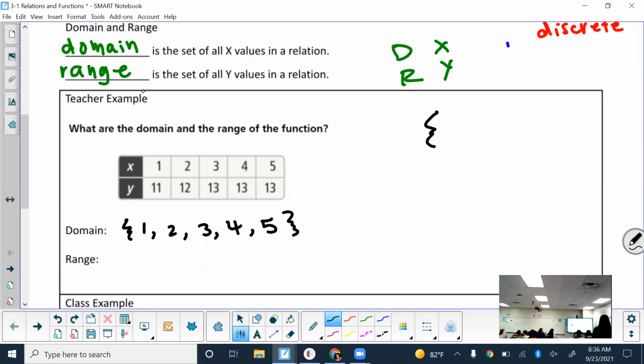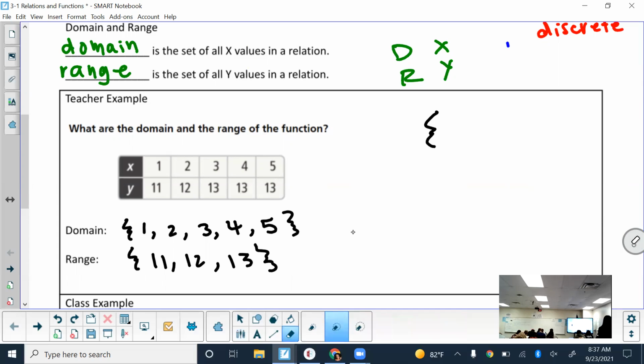What would be the range of this function? 11, 12, and 13. Do I write 13 three times, even though it appears three times? No. So if you did, just erase it. Only write it once. I'm sorry, I have problems trying this stuff.